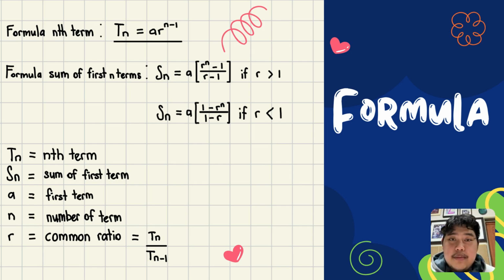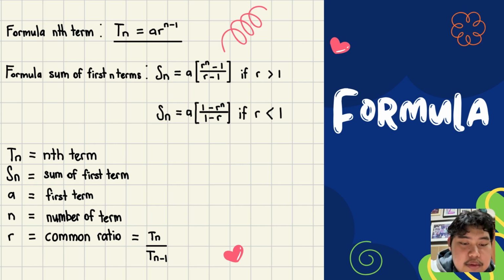Now the formula for the sum of the first n terms: Sn equals A in a bracket, R to the power of n minus 1, divided by R minus 1, then close the bracket. That is if R is bigger than 1. And there's another one, which is the same formula but a little bit different: Sn equals A in a bracket 1 minus R to the power of n, divided by 1 minus R. It's just the opposite, so if R is smaller than 1, we need to use the second formula.